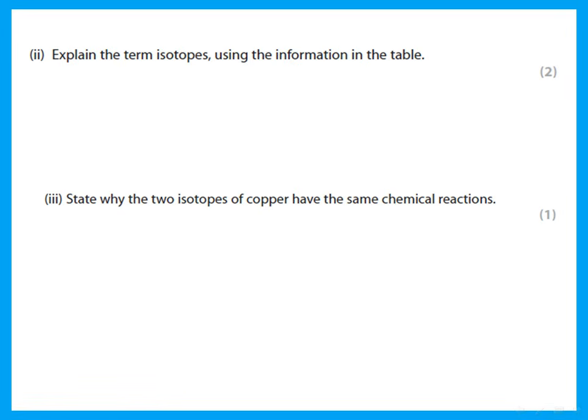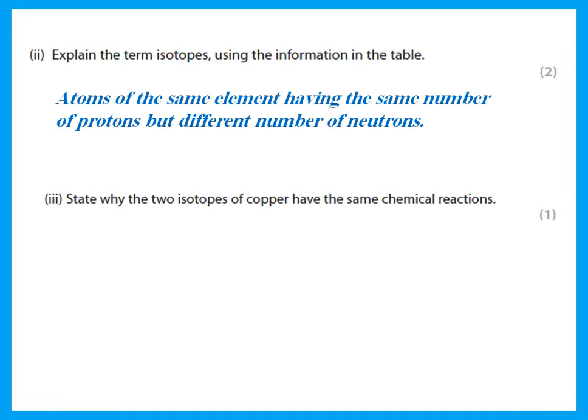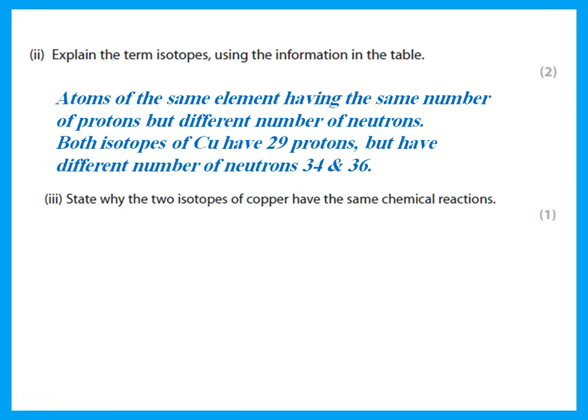Explain the term isotopes. Well, isotopes are atoms of the same element having the same number of protons but different number of neutrons. And then he says using the information in the table. So you have to mention the information in the table. Both isotopes of copper have 29 protons, but they have different number of neutrons, 34 and 36.